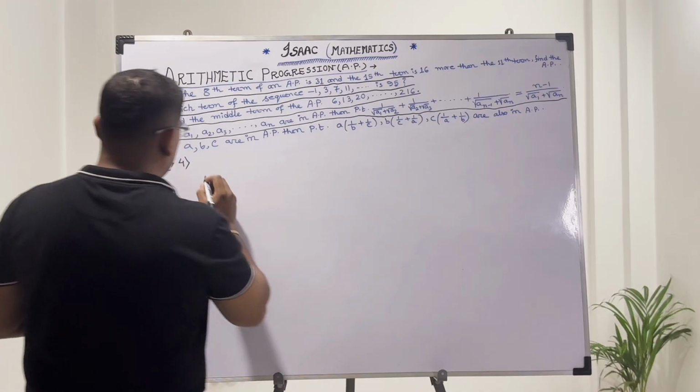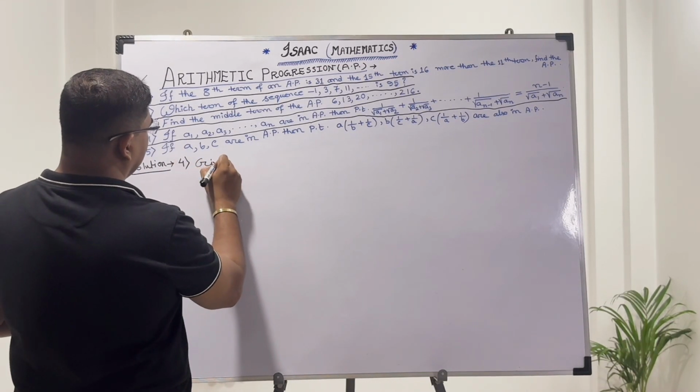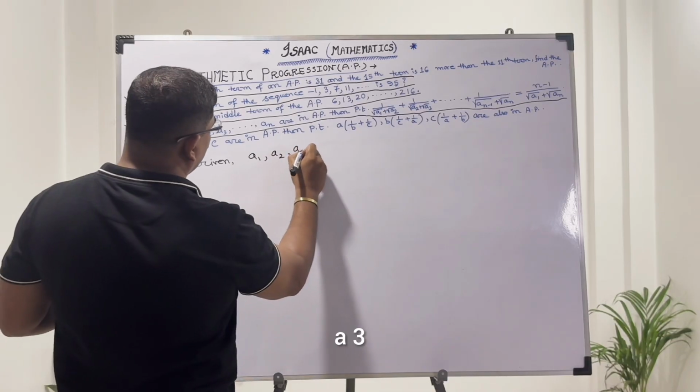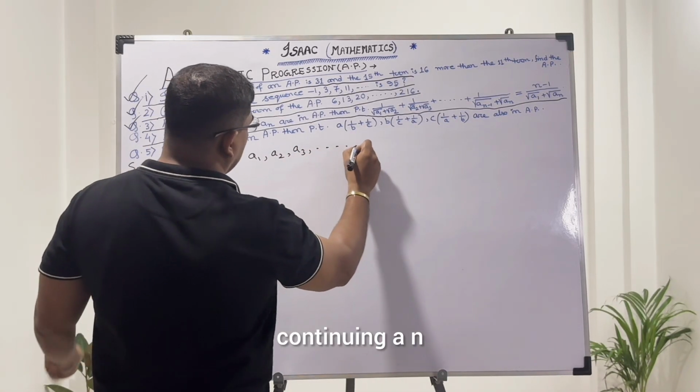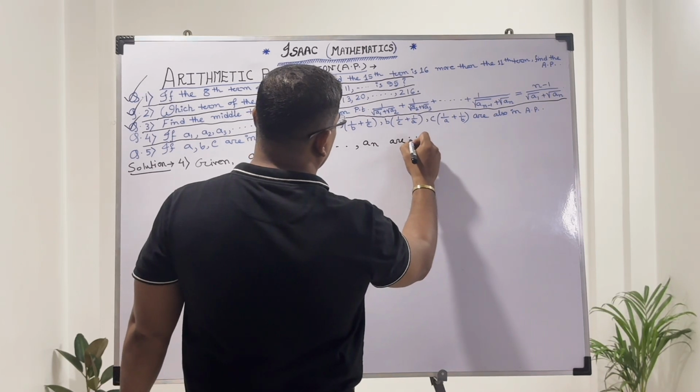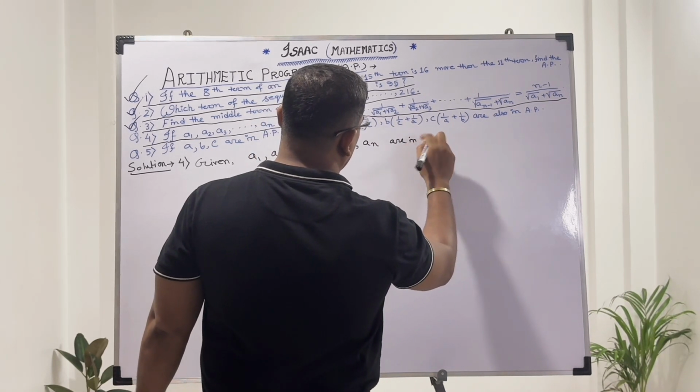So, given: A1, A2, A3 continuing up to AN are in AP.